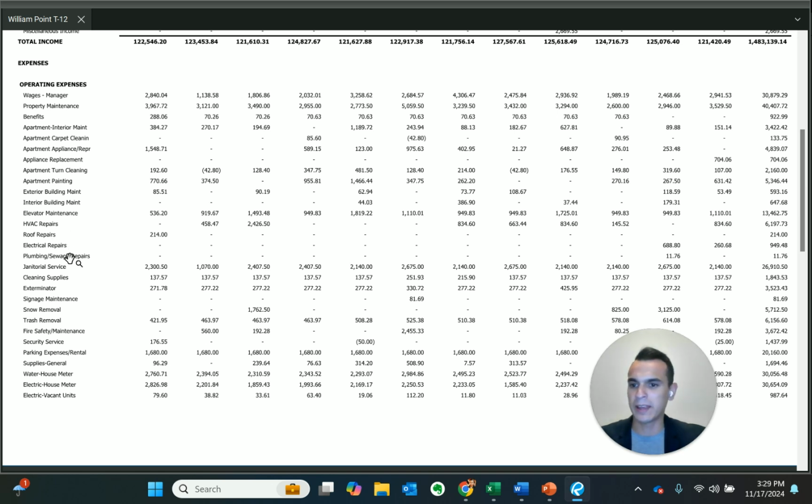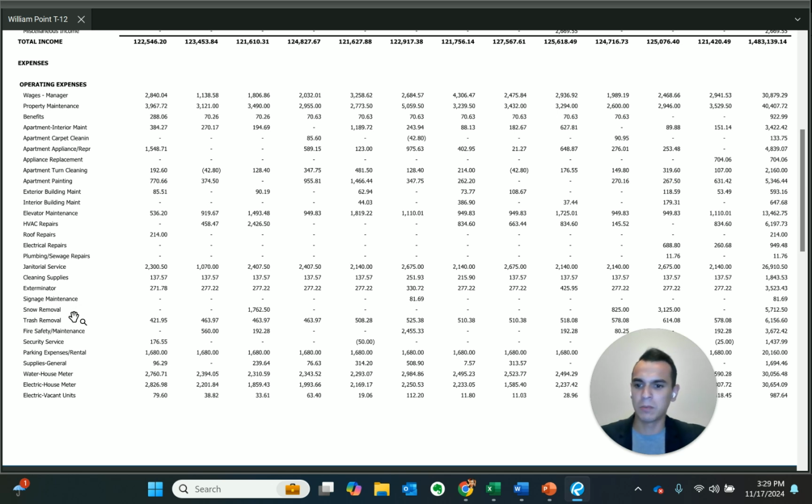Then we have roof repairs, electrical repairs, plumbing, sewage repairs, janitorial service. So this one is 26K. So you're guessing that the janitor is coming in and cleaning up common areas for the most part. Cleaning supplies, exterminator. So if you have a pest problem or even just preventative, that's 3,500.